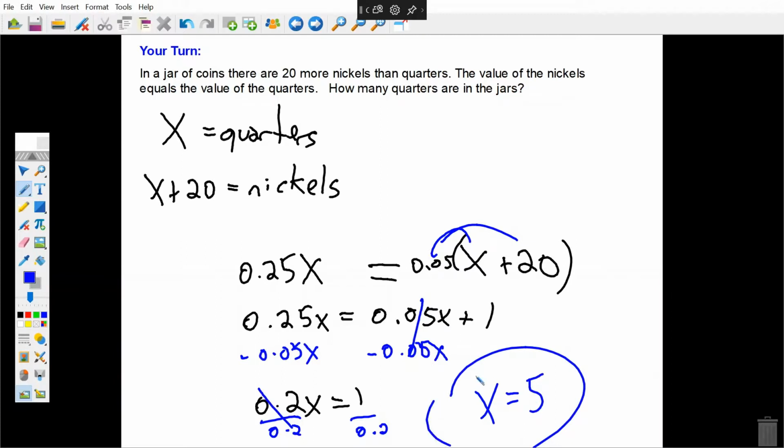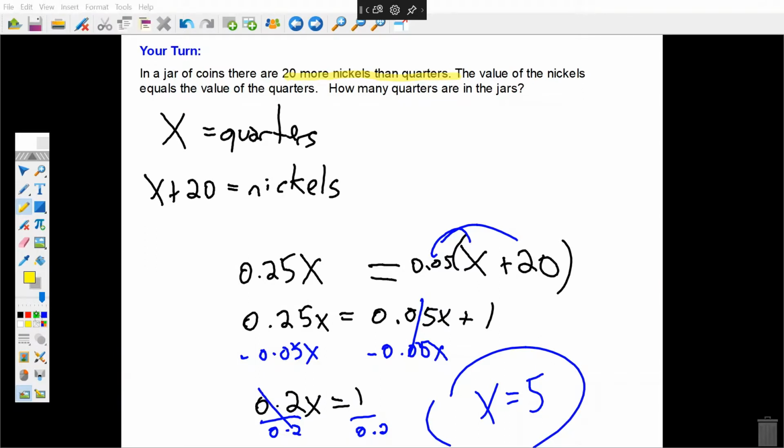All right, this question says there are 20 more nickels than quarters. And the question wants to know how many quarters are in the jar. So for quarters, I made it X. And there are 20 more nickels than quarters, so I made nickels X plus 20.